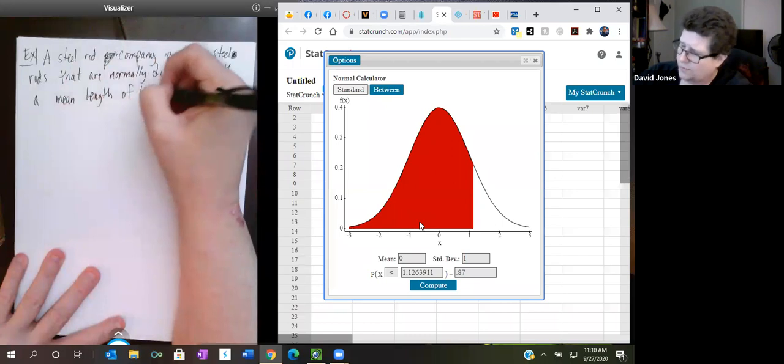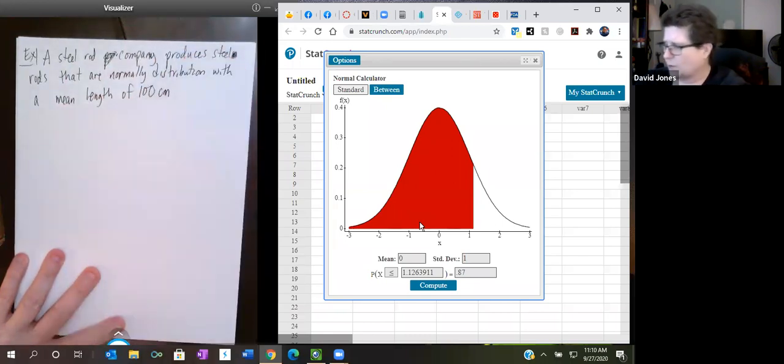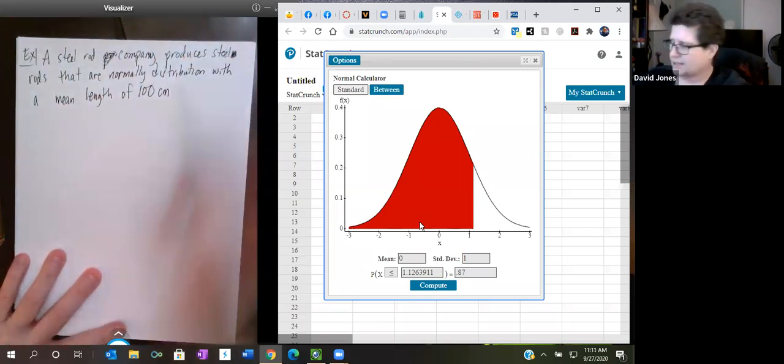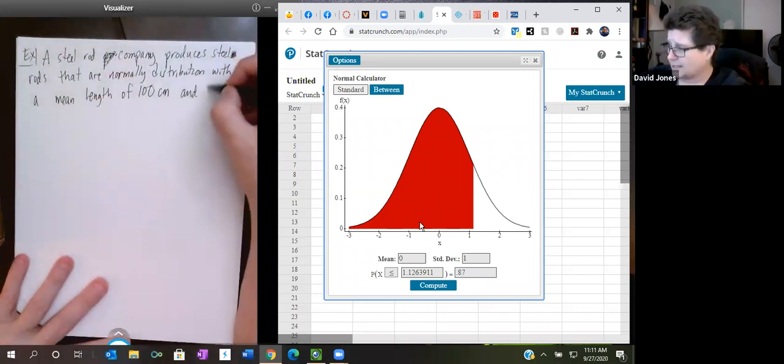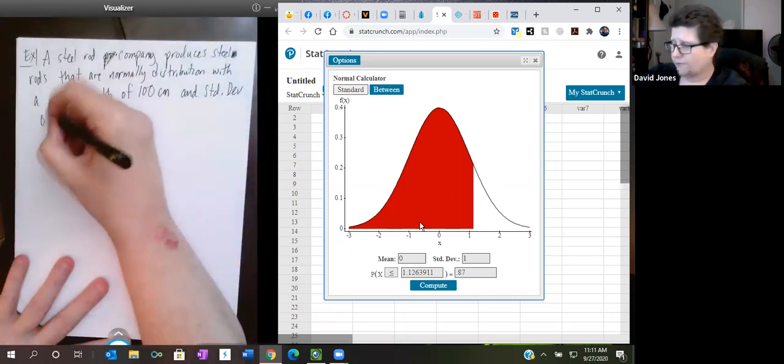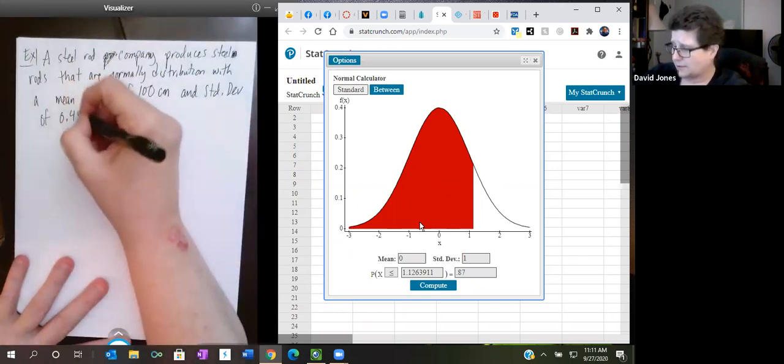And if you know centimeters and meters, you would go, why not just say 1 meter? Because the standard deviation is in terms of centimeters. And standard deviation of 0.45 centimeters.